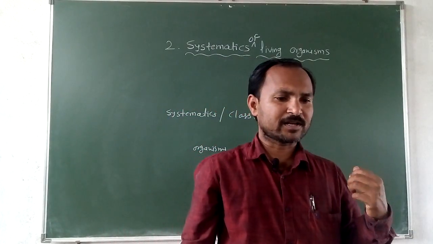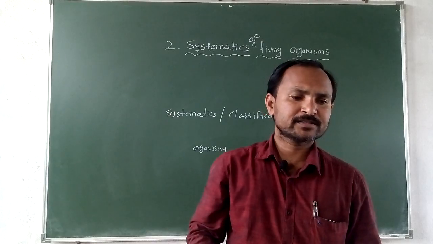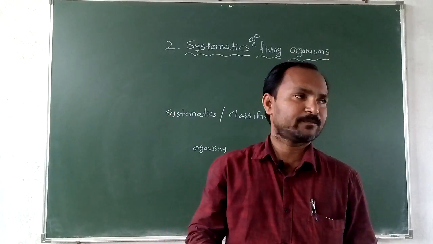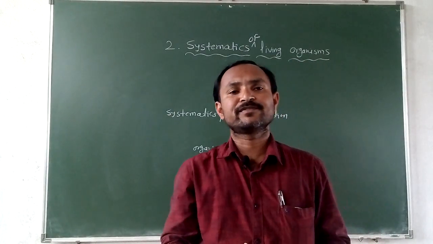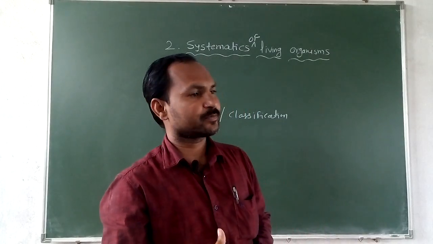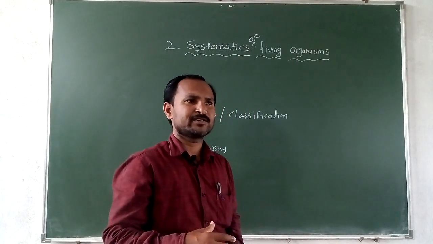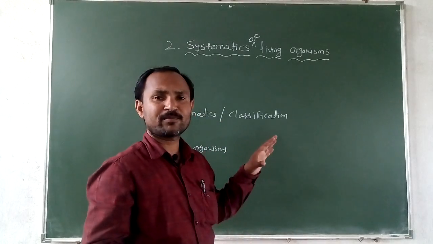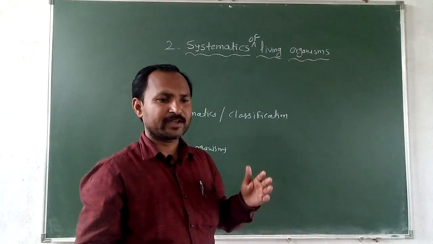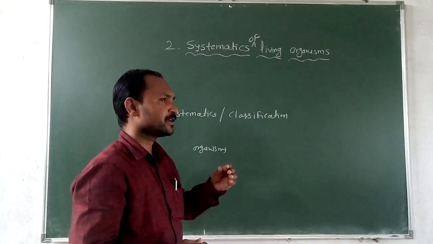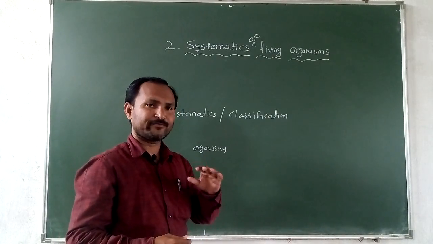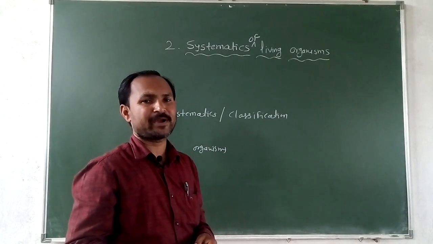Now on this classification, from ancient times, different philosophers, like Indian philosophers, Greek philosophers, and Roman philosophers, studied the classification of organisms and gave one way to study plants, animals, and microorganisms.